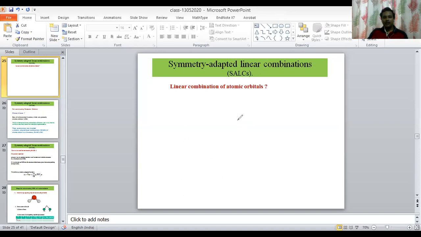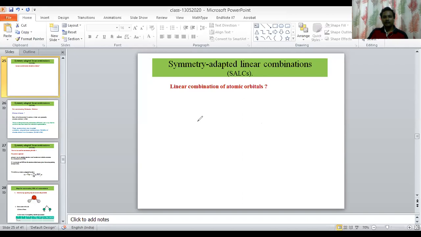So I'm not going to repeat the whole part, but this part, the linear combination of atomic orbitals, I hope you have looked at the earlier video. There what we said is that we take the linear combinations of the atomic orbitals, like we took the hydrogen molecule, and then we showed that if one is A, one is B, sitting on the two centers, we take the plus minus combination, right?